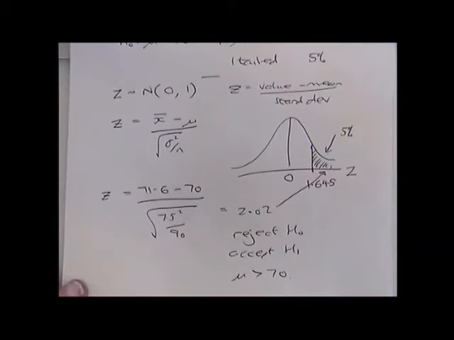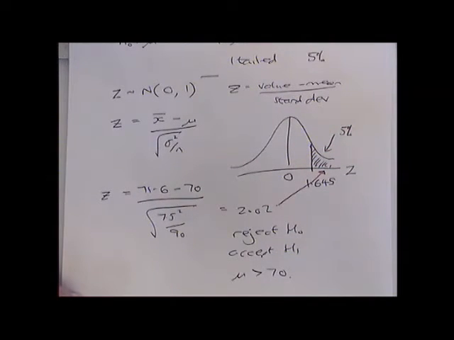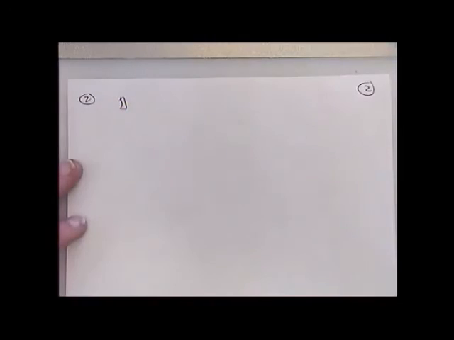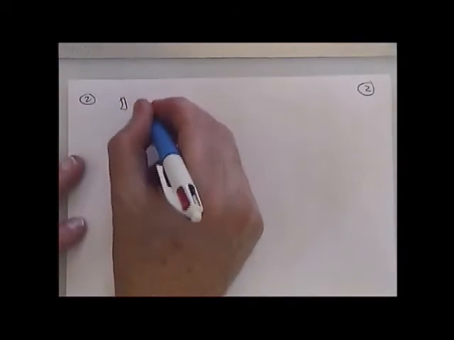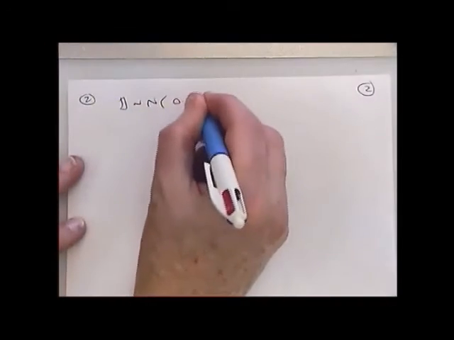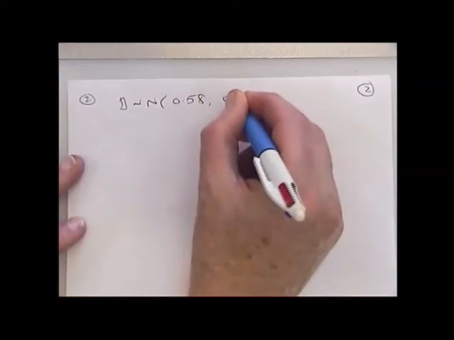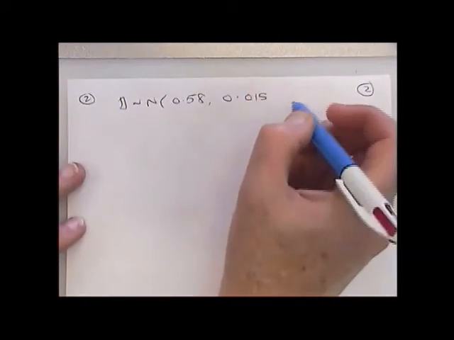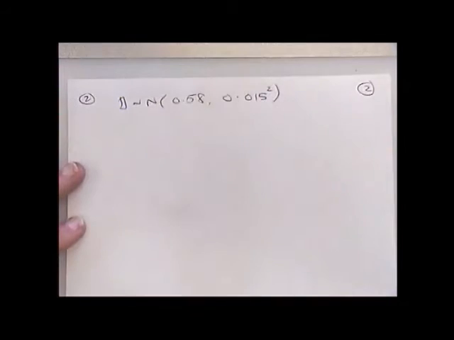Okay, can I vanish this one from the board? Okay. Right, so next one. We have got a distribution for D. D is normal, 0.58 and standard deviation is 0.015.